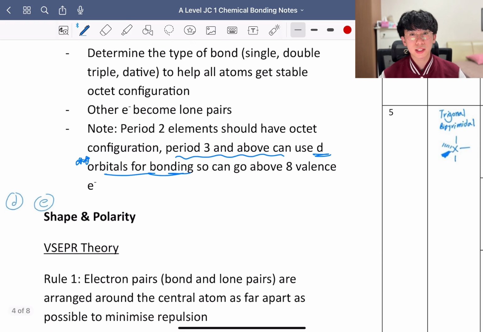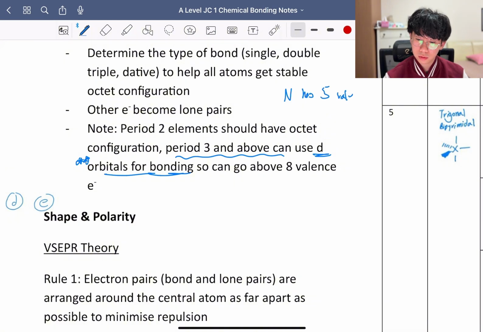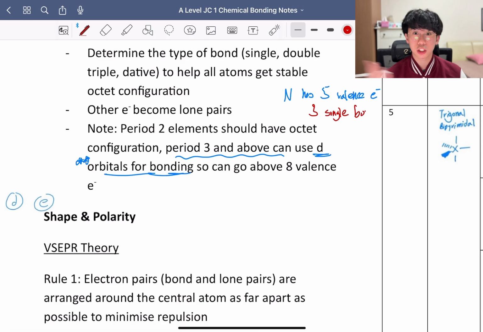And how you would do this is you try to figure out which atoms need how many bonds, right? So for example, if you have an N atom, you know that N has 5 valence electrons, right? And in order to get 8 valence electrons, it needs 3 more. So it needs 3 single bonds, so you can get 3 more electrons from all the sharing.